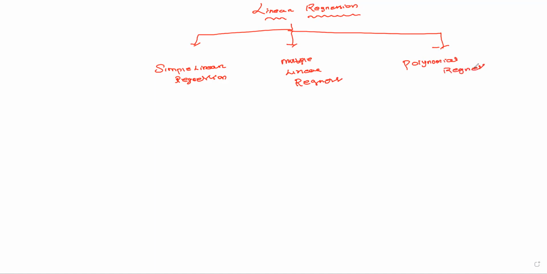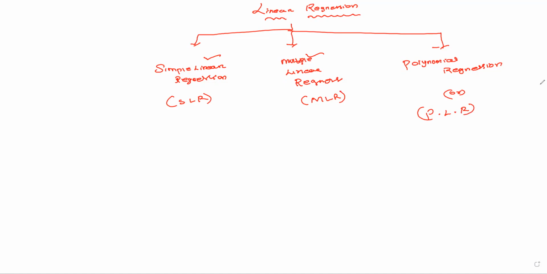You can also call it polynomial linear regression, because linear regression has three types: simple linear regression, SLR; multiple linear regression, MLR; and polynomial linear regression, PLR.